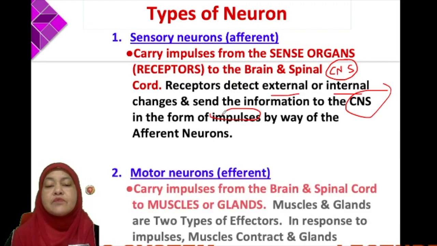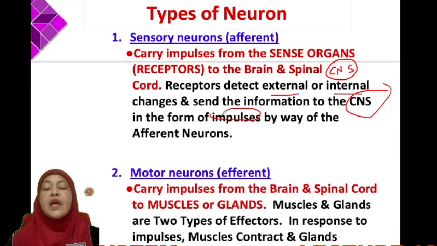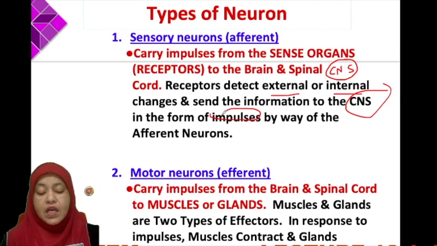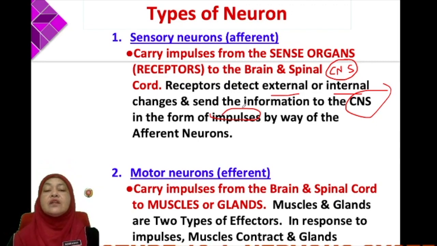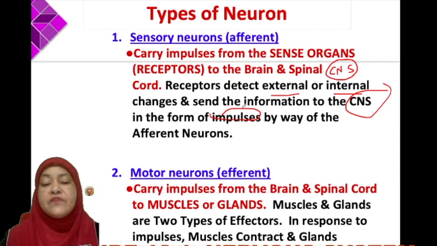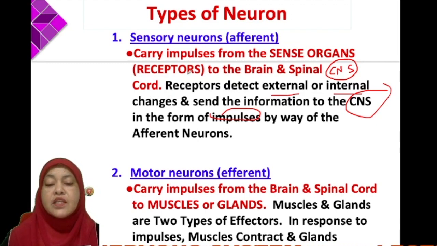The second type is the motor neuron, and just now you have already seen the diagram of this motor neuron structure. It can also be called an efferent neuron or efferent nerve cell. Like the afferent neuron, it also carries impulses, but the pathway is from the brain and spinal cord to the muscles or glands.